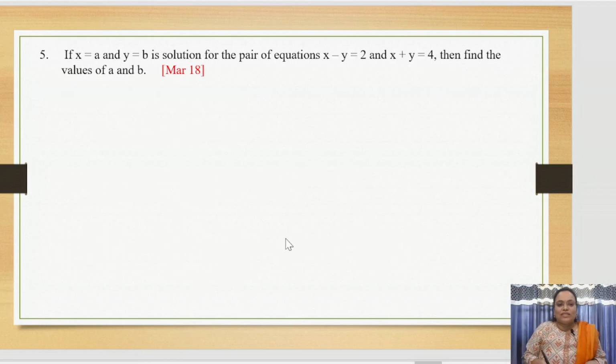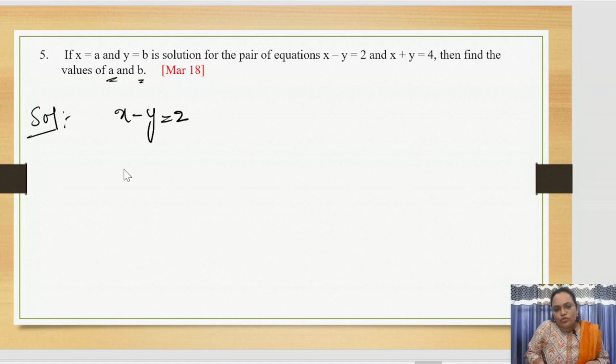So, let us see the next question. If x = a and y = b is the solution of the pair of equations x − y = 2 and x + y = 4, then find the values of a and b. So the given equations are x − y = 2 and x + y = 4.